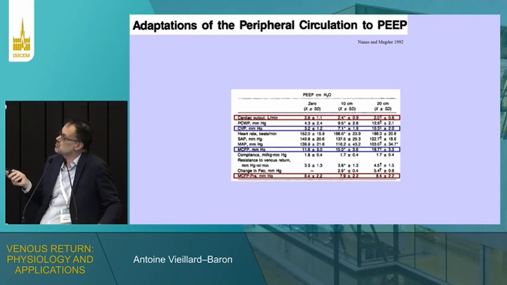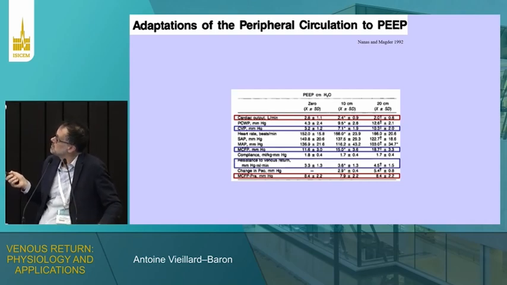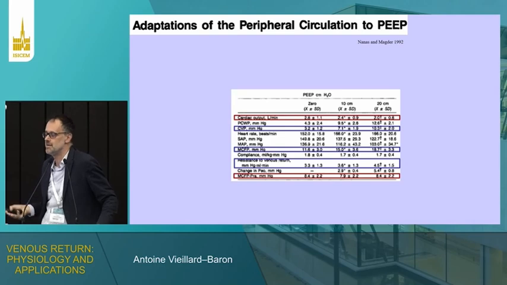But it works not so well, and the price to pay is by definition that the resistance to venous return increases significantly, and at the end you still have a decrease in the systemic venous return and cardiac output.